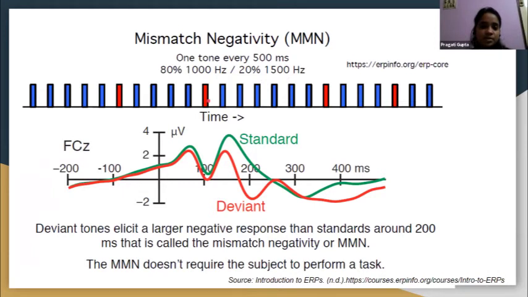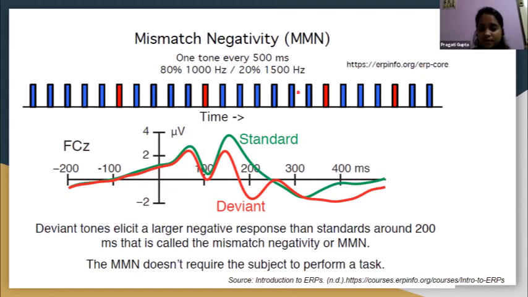When the 1500 hertz tone is present, there is a greater negative component at around 100 to 200 milliseconds, indicating a sudden attention towards the object, and it does not require the subject to perform any task. If the person is reading a book, he or she might still show this greater negative component around 200 milliseconds for the deviant stimulus, that is, the 1500 hertz.